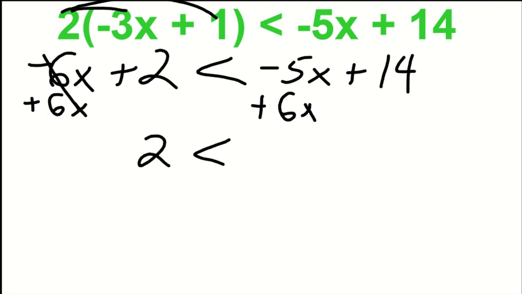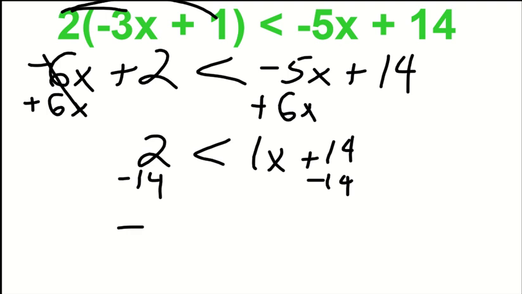So I got 2 less than, that makes 1x plus 14. I subtract. So that's a negative 12 less than 1x, which is just x. Okay? Everybody good with me getting to that point?